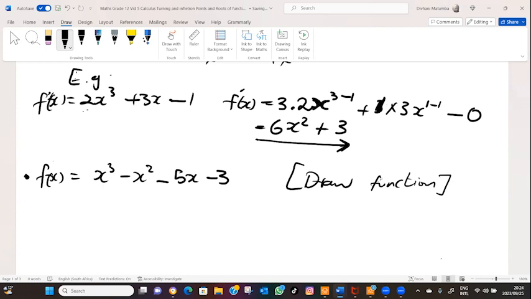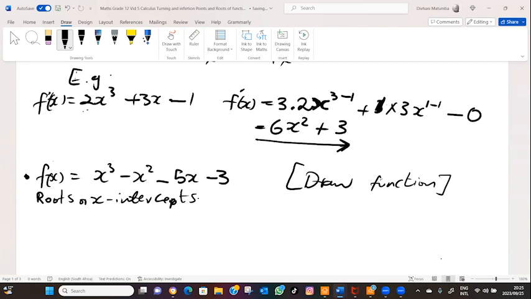Now, in order to draw the function, we need to determine the roots or the x-intercepts, where your graph cuts the x-axis. All right.